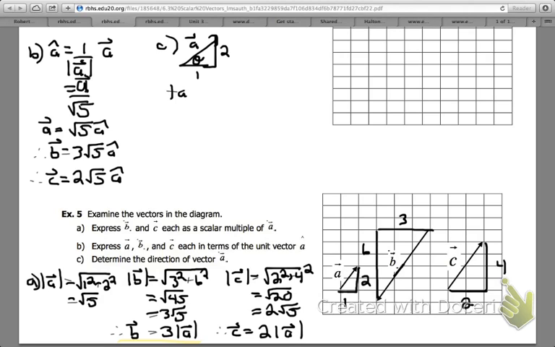So we assume this is a 90-degree angle, right? So we're going to use tan theta is equal to 2 over 1. And when we solve this, we get that theta is equal to 63.4 degrees above the x-axis. And that's the end of our lesson.